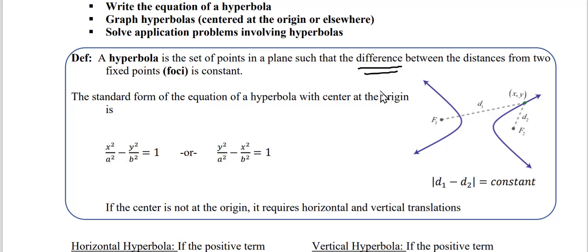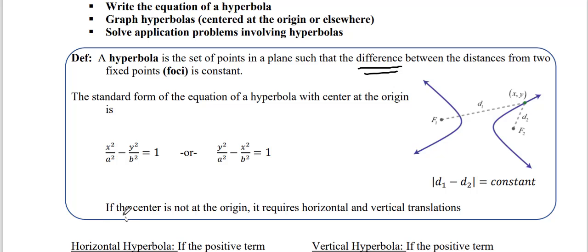By the way, there is a typed up proof of where this equation comes from located in the D2L shell as a reference for you, for why that equation is what it is. I don't have it typed up for the hyperbola, but it's going to be very similar. It's just the difference instead of the addition that we saw with the ellipse.